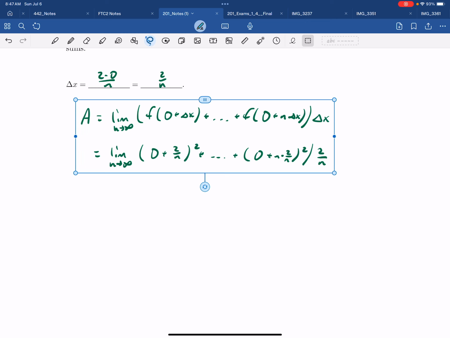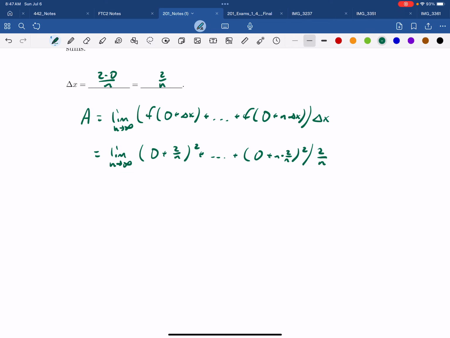And then instead of writing it like that, why don't we write it as the limit as n approaches infinity of the sum from 1 to n of 0 plus i times 2 over n, squared, times 2 over n.